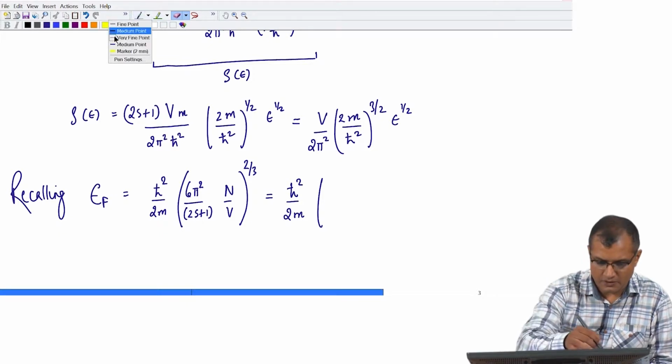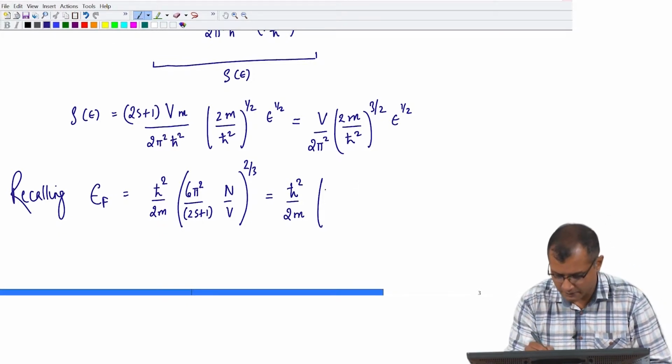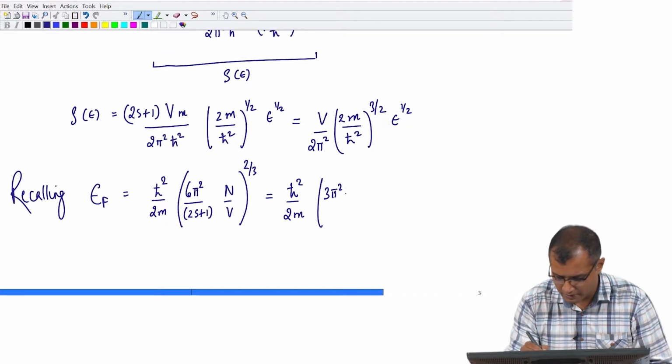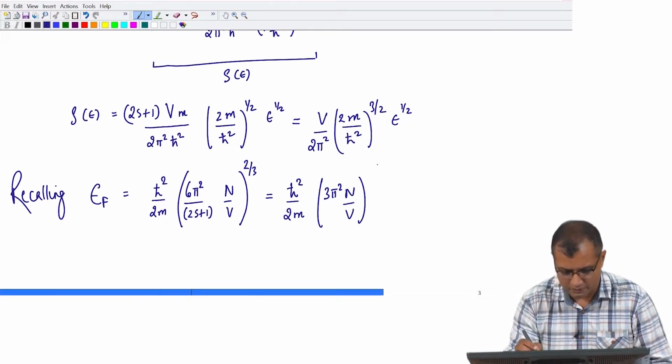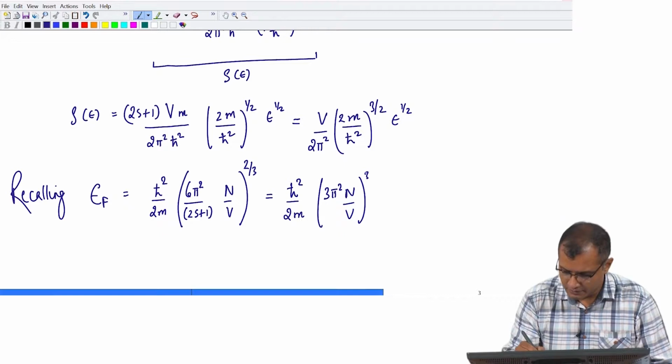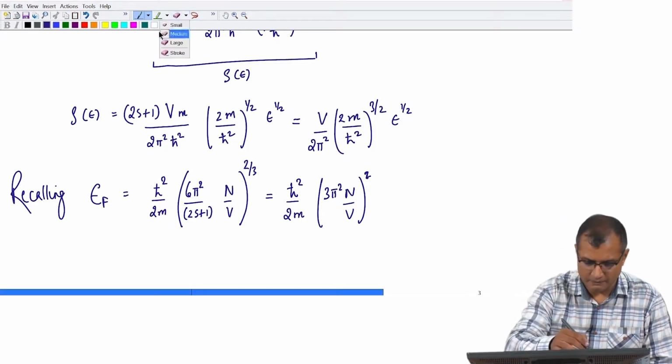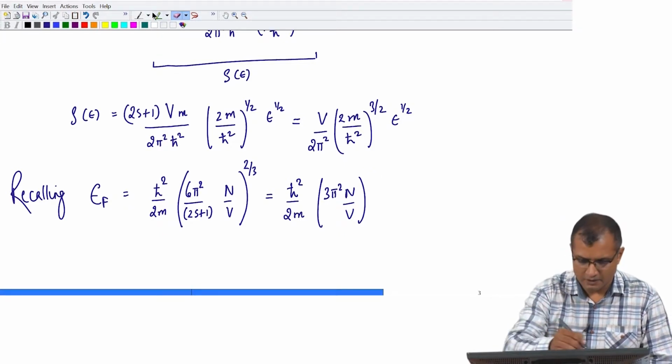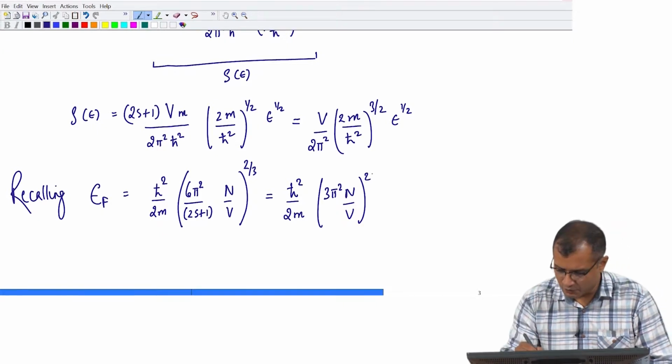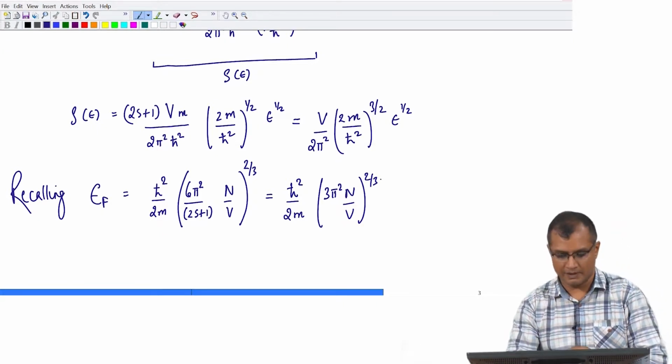So, let us use that, and this becomes just 3 pi square into n by V whole to the power 2 by 3. Alright, so it looks more usable to me at least.